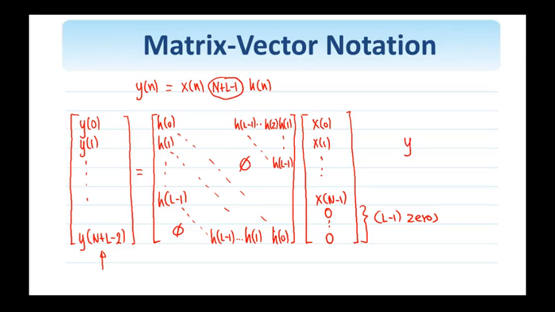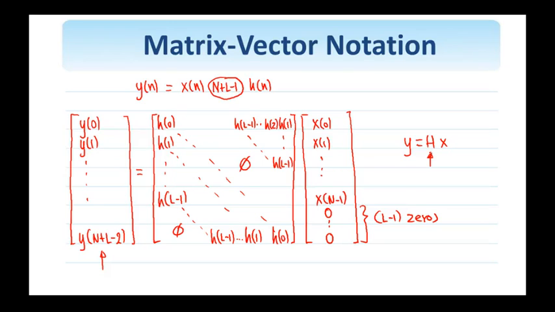So again, I can write y equals Hx. H now also has a special structure. If I take any row of H and circularly shift it by 1 to the right, and circular means that the element that leaves the matrix due to this shift to the right wraps around and appears at the other end of the row, at the beginning of the row.